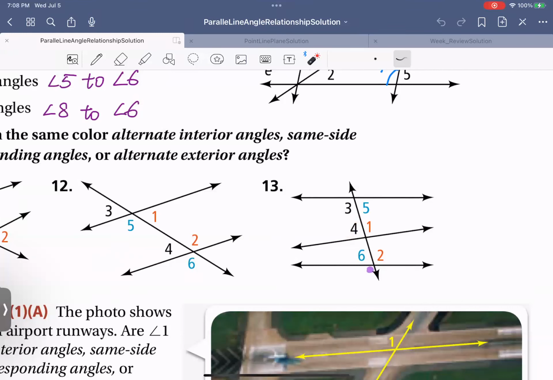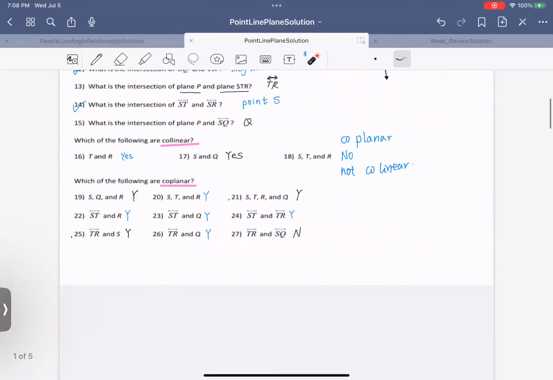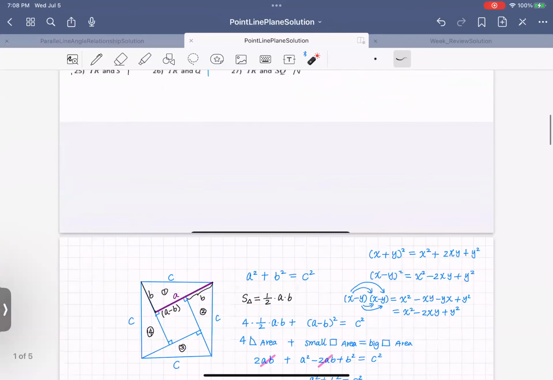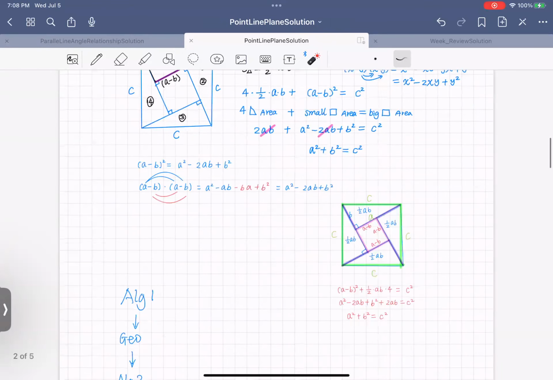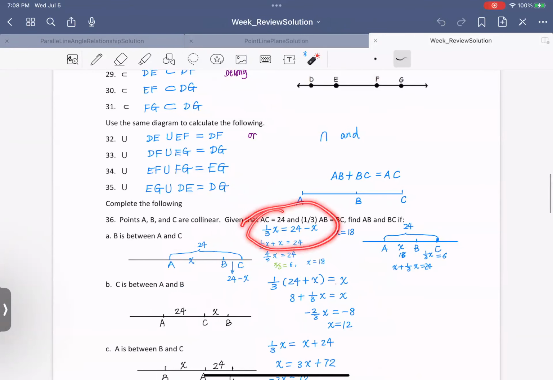Okay. For geometry, the difficult part is not those calculation parts. So let me show you guys. You already learned algebra 1. In algebra 1, you have those equations. You solve the equations, either one variable, one equation, or system of linear equations, or quadratic equations.